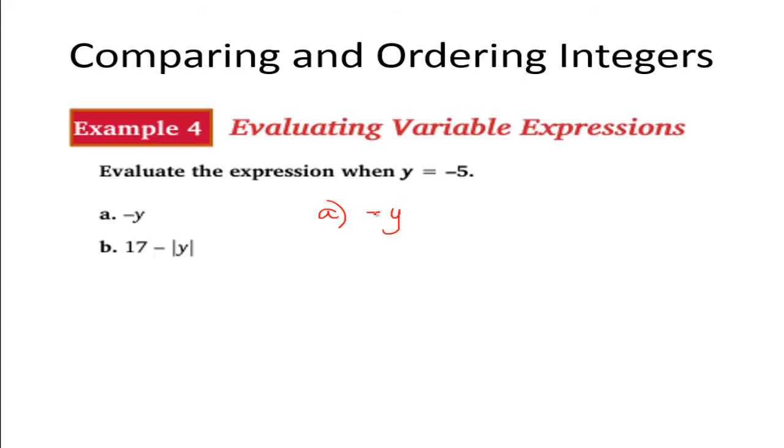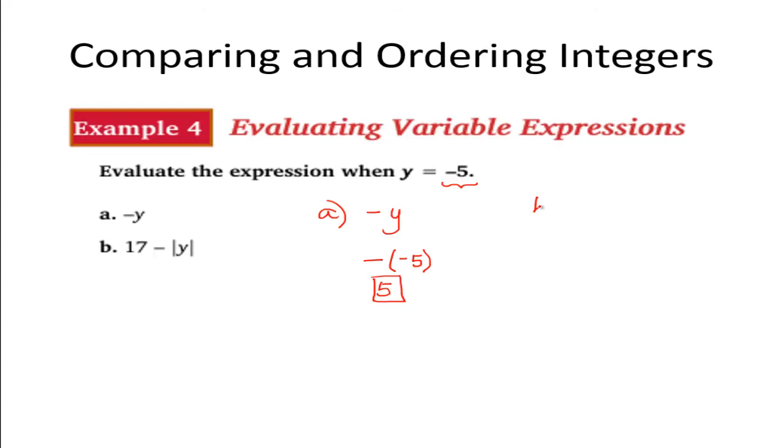So I keep my negative sign right there, I bring it down, and then this y I'm going to substitute for negative 5. So I'm going to write a parentheses and write negative 5. And notice that this expression is saying the opposite of negative 5. And how much is that? Well, the opposite of negative 5 is 5. So the answer to letter A would be 5.